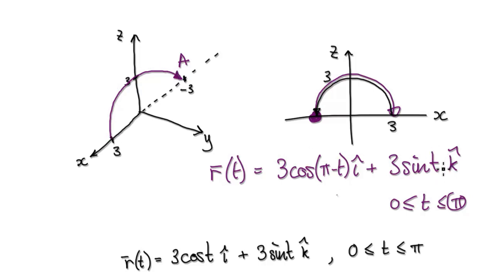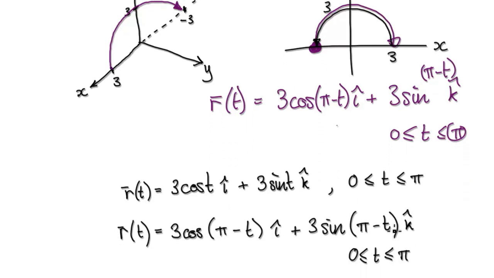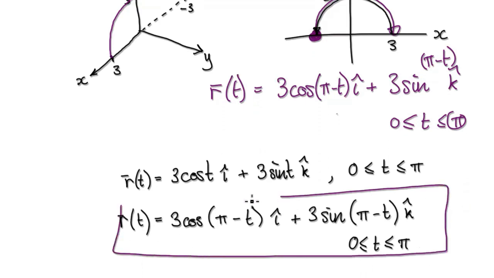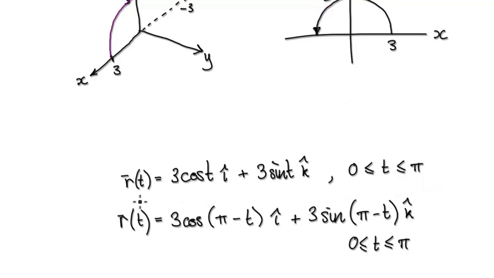So this would be pi minus t. In short, your position vector would be given by this. If you want to go the other way, it would be given by this. So let's jump to a 3D graphical plotter and verify this.